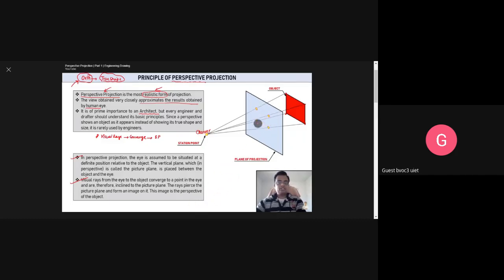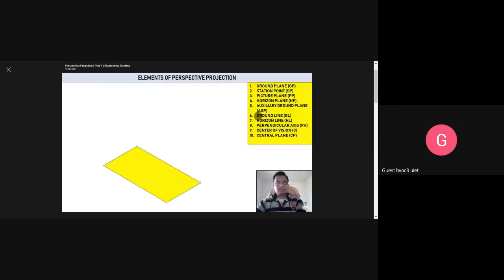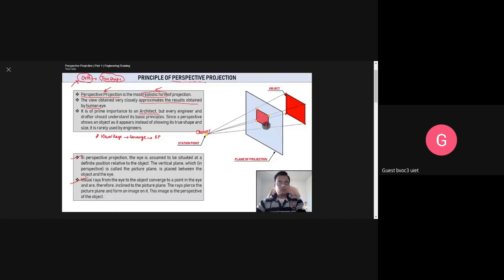When you join all these points in proper sequence, what do you have? You have an image. In layman's terms you can call it an image, but in the environment of perspective projection, this is what you refer to as a perspective. Hope I'm clear.